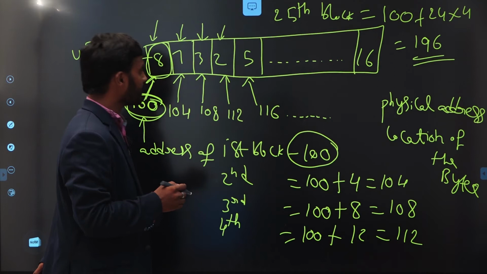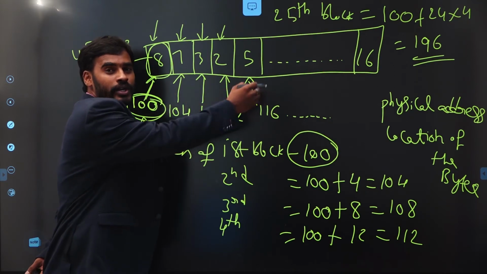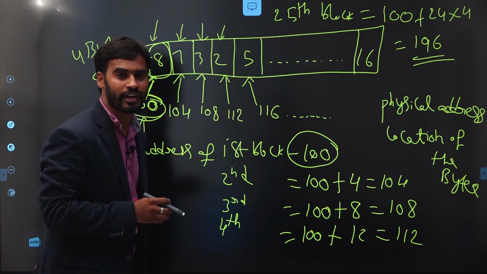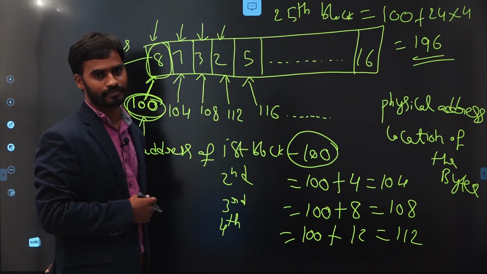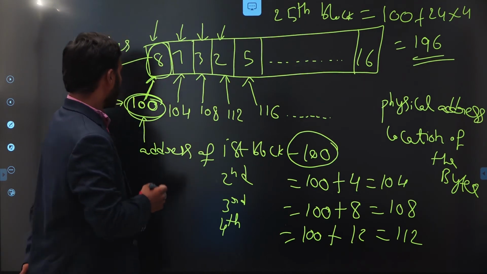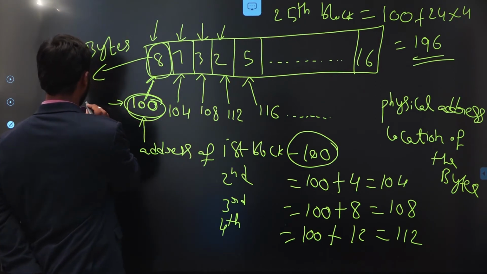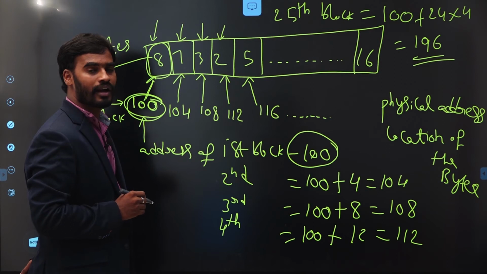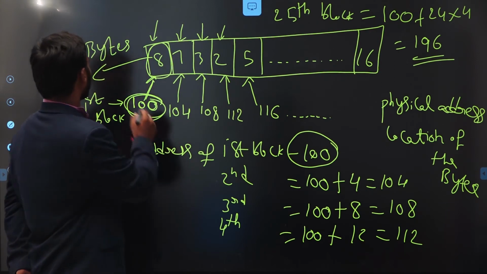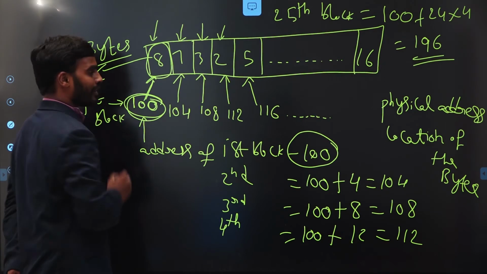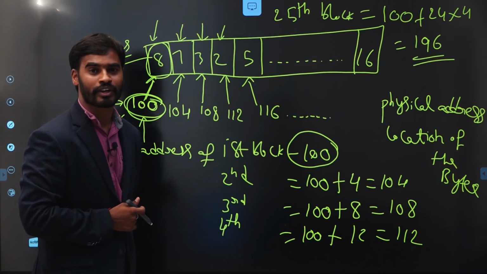But if you allocate variables continuously, you need not give separate names for each and every variable. What you need to know is the address of the first block and how many bytes each block requires.